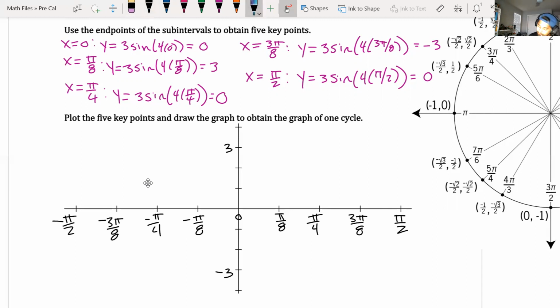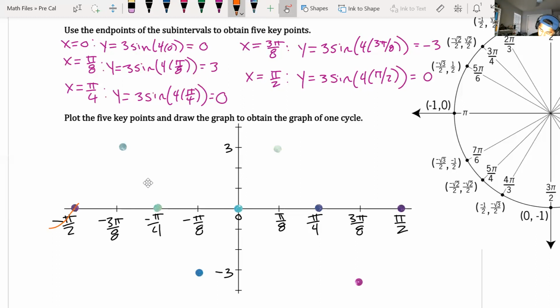And graph. So at 0 we're at 0. At pi over 8 we're at 3, then 0, -3, 0. Reflect across the origin since it's sine, and I'll get a point here, here, here, and there.